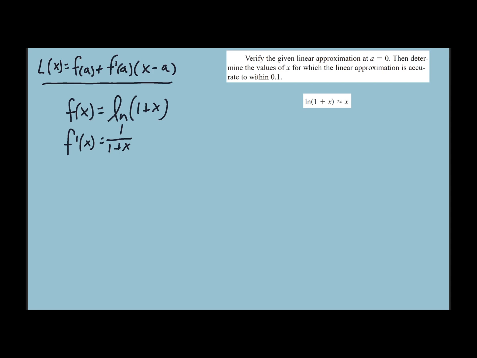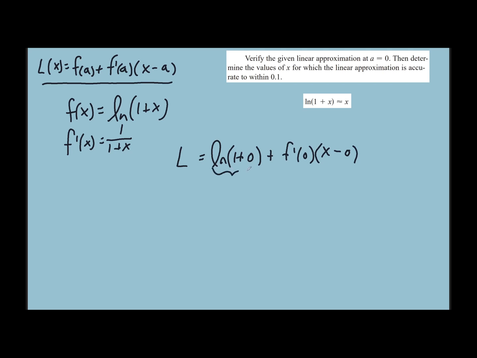Okay, with that said, how do I calculate this? Well, we know L equals f of a plus f prime of a times x minus a, and f of a is natural log of 1 plus a, which is natural log of 1 plus 0, plus f prime of 0 times x minus 0.